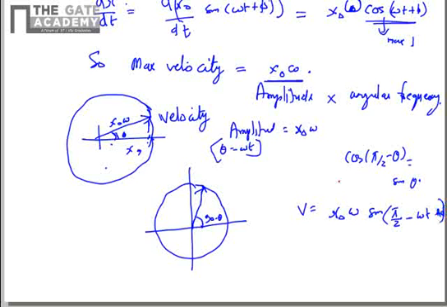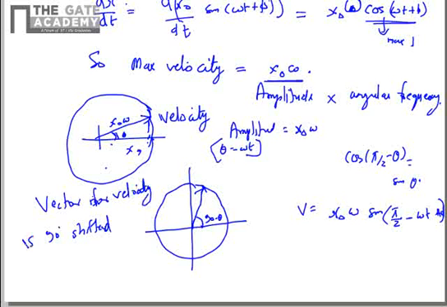Phi is anyway constant, it doesn't matter for the rotating frame of reference. So 90 minus theta, theta is equal to omega t. So this vector diagram is the 90 degree shifted vector for velocity.